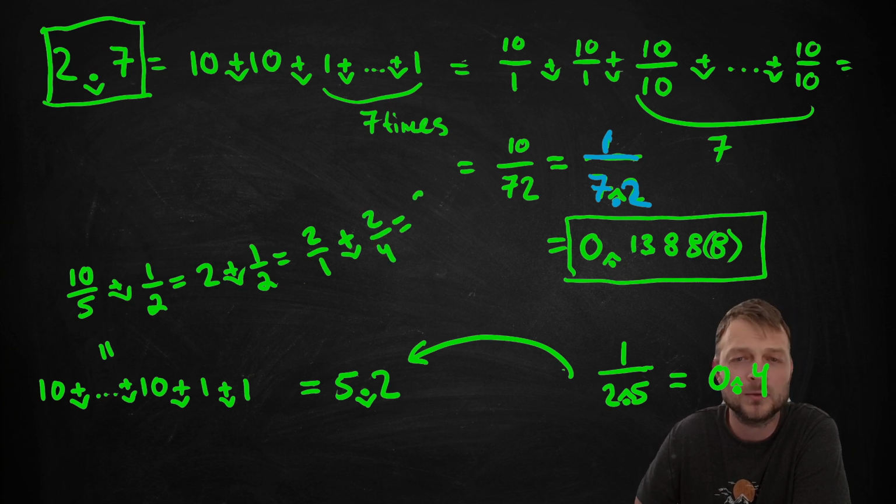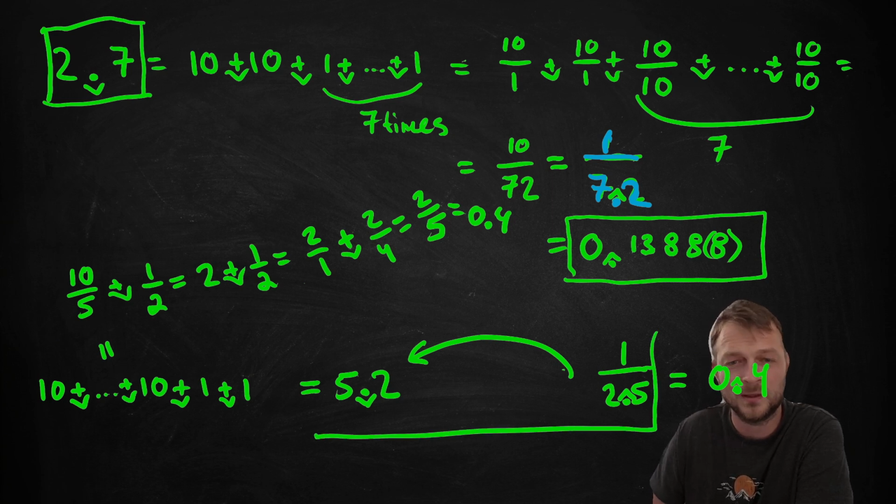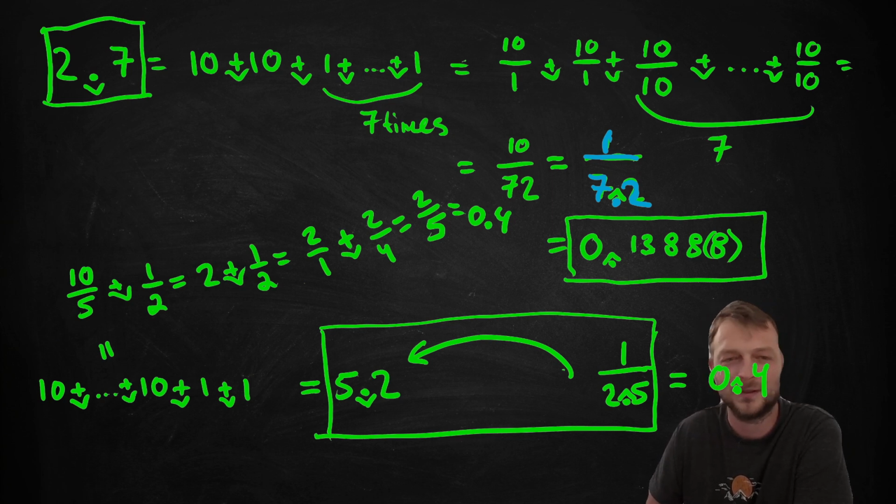It's equal to 2 over 5, which is 0.4. So it looks like this is true, that this type of reverse and inverse is a way to convert dual decimal notation into standard decimal notation.